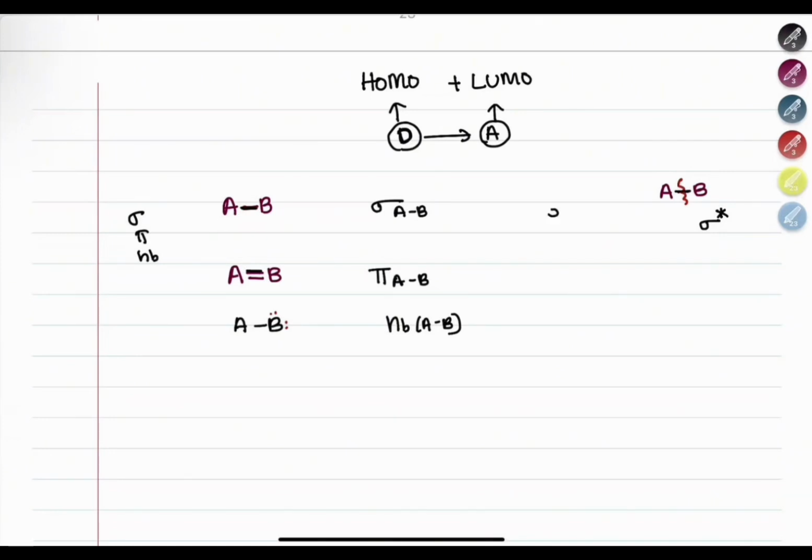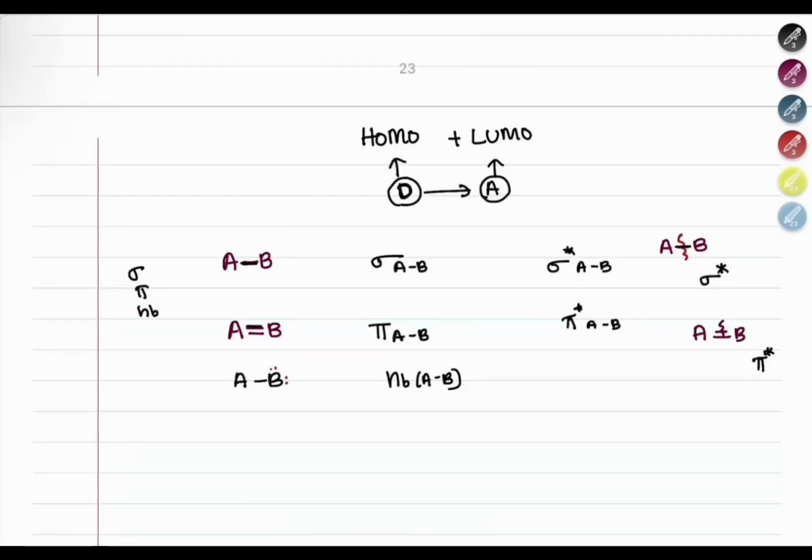So here LUMO is sigma star AB. Suppose after the reaction, the double bond between A and B got broken. That means the electrons are accepted into the pi star orbital. In this case, LUMO will be pi star of AB. So these are the two different cases of LUMO.